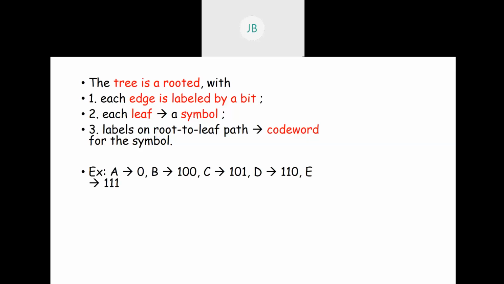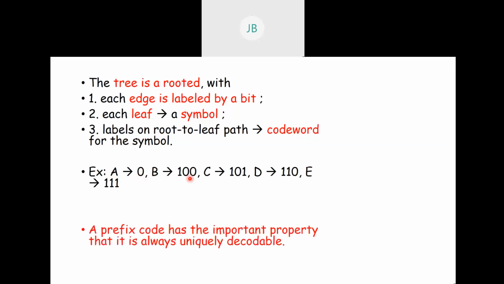So we have the example here. That means we are considering the different symbols here, A, B, C, D, E, and they are already assigned different code words. We will see how to construct a tree for such a scenario. But an important point here is a prefix code has the important property that it is always uniquely decodable. This is what we have seen in the previous slide.